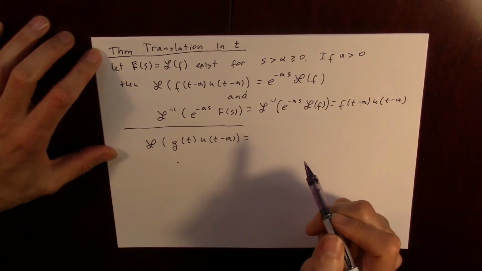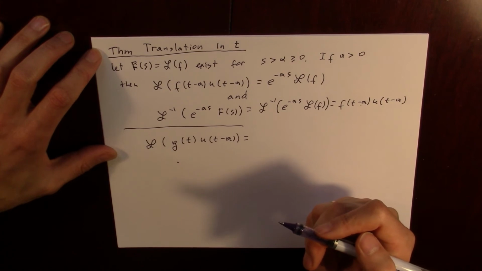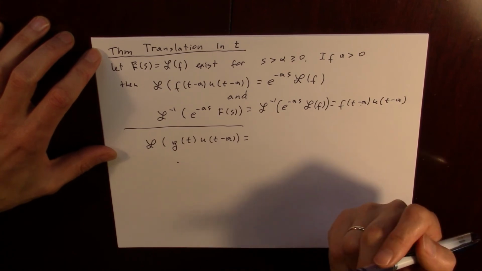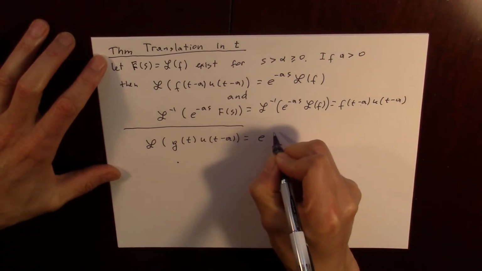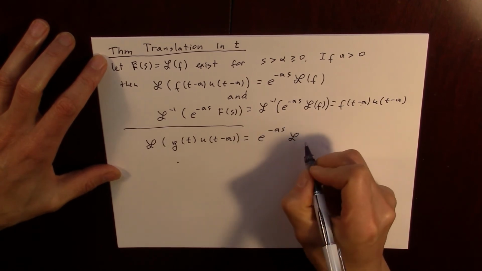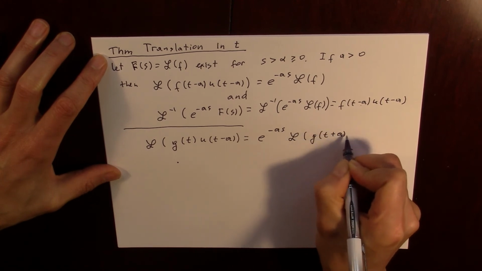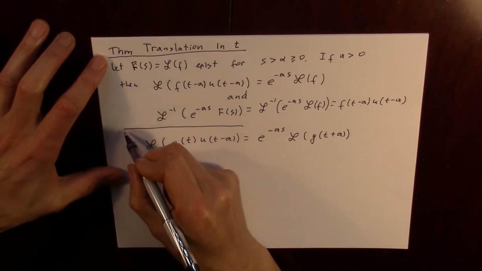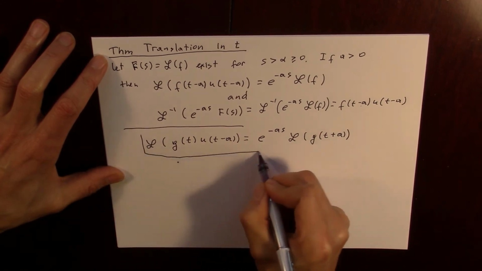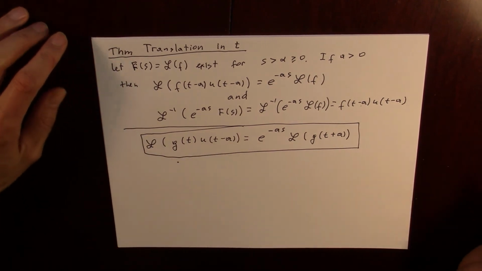The only difference is that instead of having argument t, we're going to get the argument t plus a. So we're going to get e to the negative as times the Laplace of g of t plus a. So that is a more convenient way of using the theorem, translation in t.